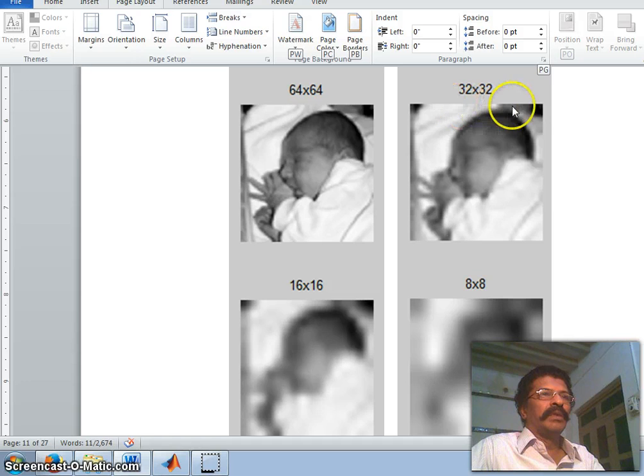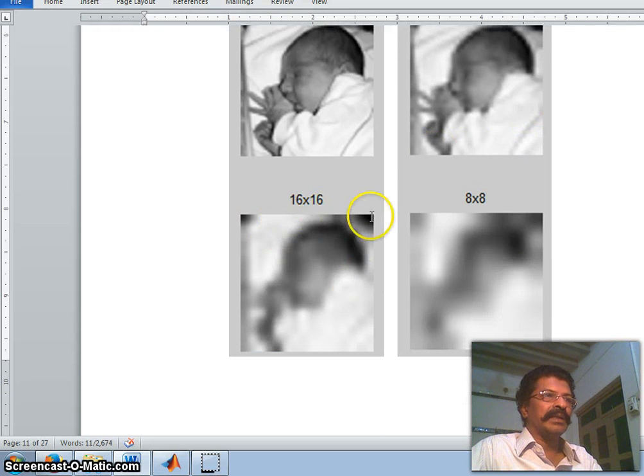And see, when the resolution is reduced to 32 by 32, the image becomes even duller, and here the image is 16 by 16 pixels, and here you can count it yourself. This is 1, 2, 3, 4, 5, 6, 7, 8. 8 pixels are in the horizontal direction and 8 pixels are in the vertical direction. Therefore, in the same unit distance, if the number of pixels is 8, it is very hard to identify the image.